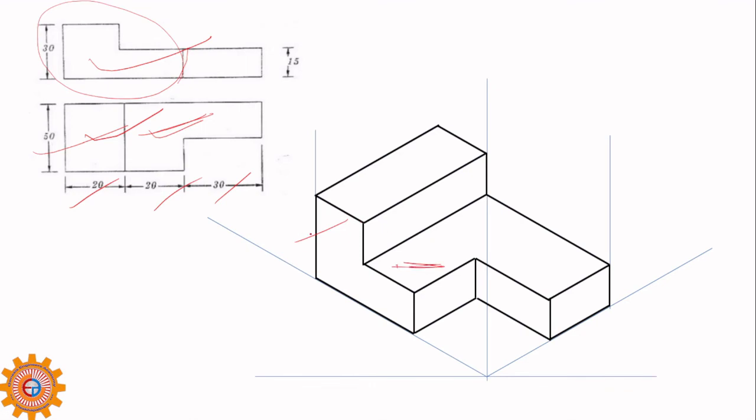You understand my point? If you clearly observe, this is this part. So this is lower. From this you can observe this is lower. Like that you have to develop this orthographic. So you can write on your drawing sheet for rough sketch.